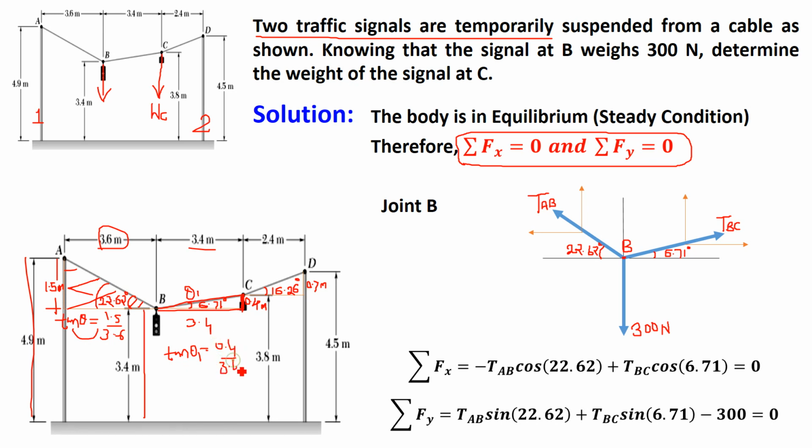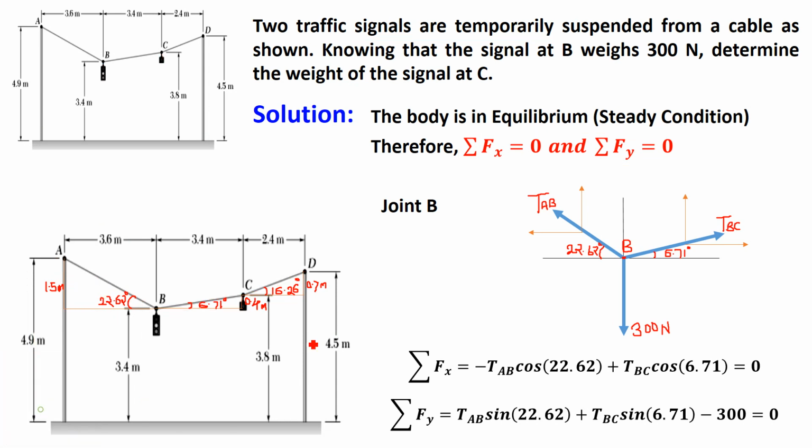So if you find that angle, it is 6.71 degrees. Similarly, for the third segment, this vertical side is 4.5 minus 3.8, it is 0.7, and the horizontal is given to you, that is 2.4. Tan theta 2 is equal to front side 0.7 divided by adjacent 2.4. So the angle is 16.26 degrees. These are the angle calculations which are required first.